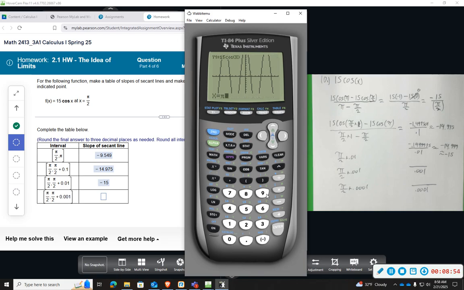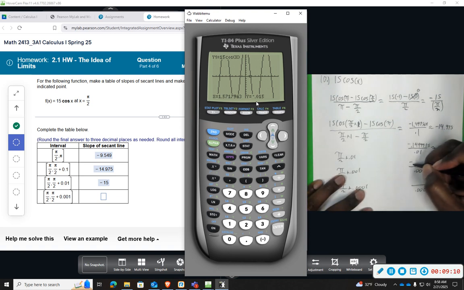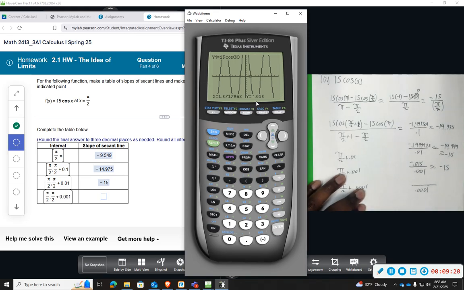Second pi over 2 plus 0.001 this time. I'm going to get a negative 0.015. Divide that by 3 decimal places. We're going to move the decimal 3 times, and we will get a negative 15 exactly.